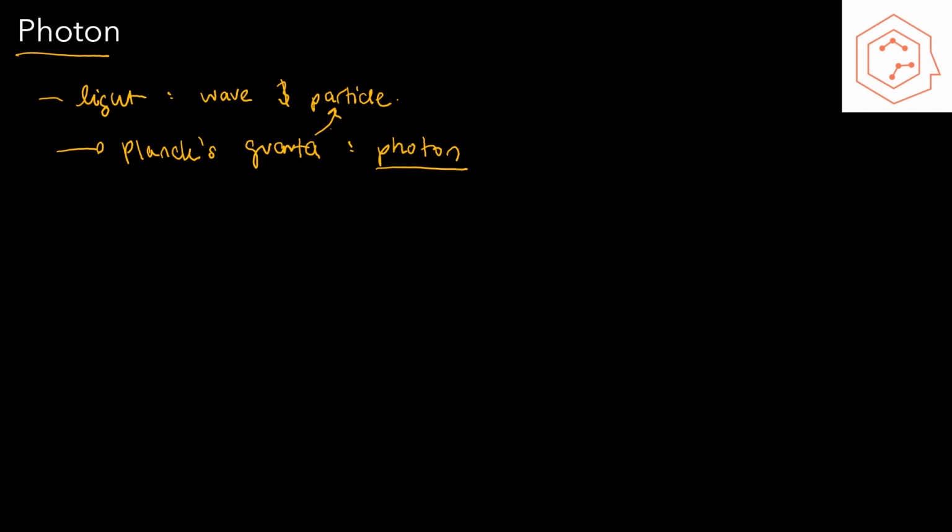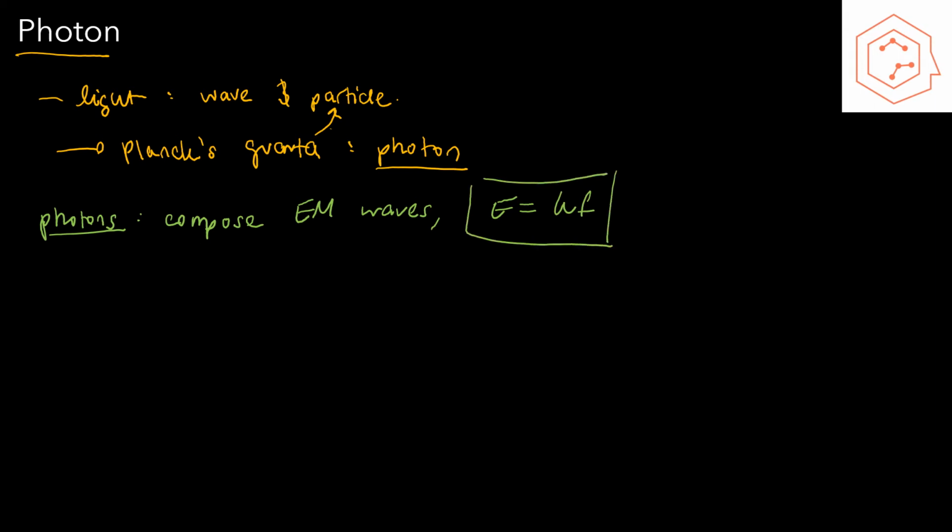And these photons compose all electromagnetic waves, and they are particles that have an energy equal to the energy of one of Planck's wave quanta. So its energy is equal to hf.